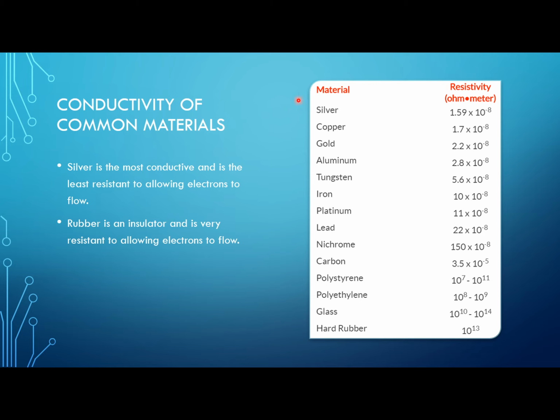Silver, we see here, is one of the most conductive materials on our list, and therefore has one of the smallest resistivities. Copper and gold and aluminum also have very, very low resistance. As we get down towards our insulators, you see that their resistivity grows tremendously.